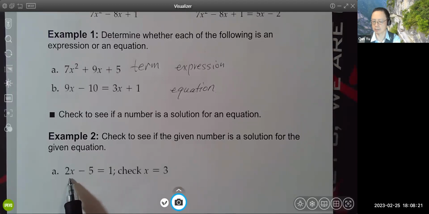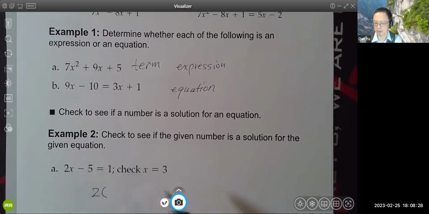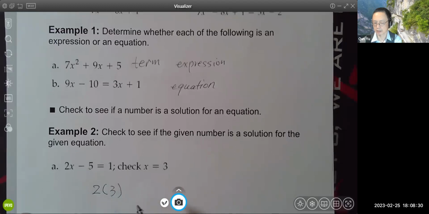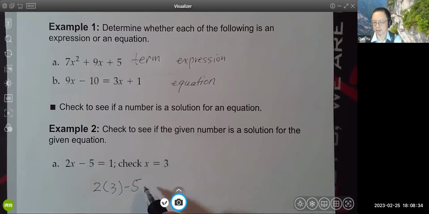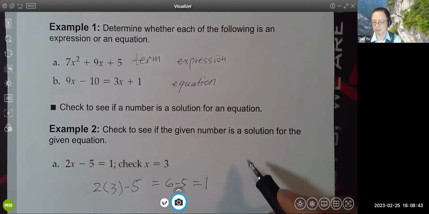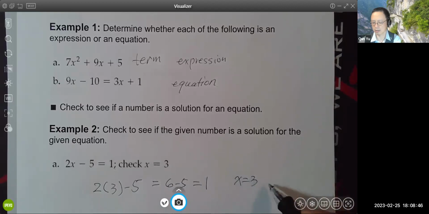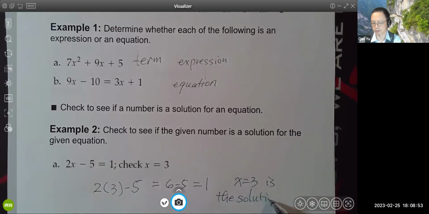If this number makes the equation equal, it is a solution. So basically I just replace x with 3 and minus 5. And then we do the calculation to see if it equals 1 on the other side, right? This equals 6 minus 5 equals 1. So x equals 3 is the solution because it makes the equation equal.